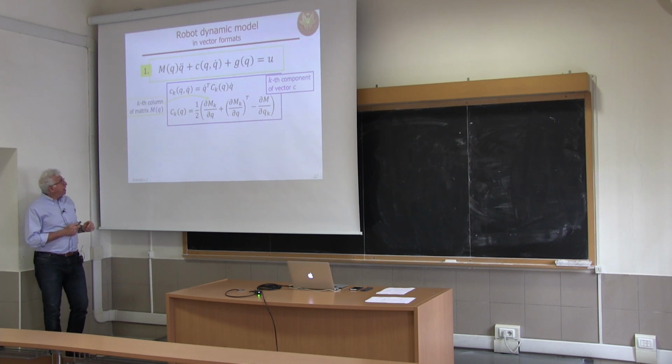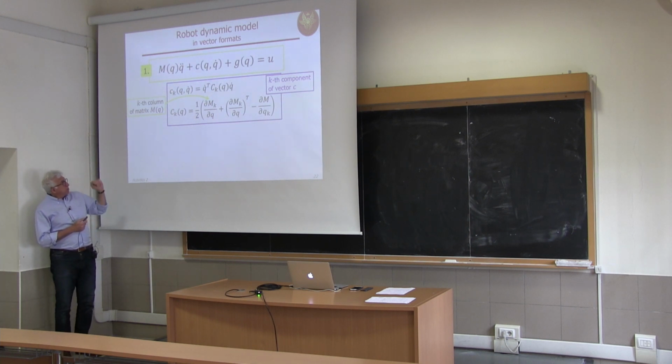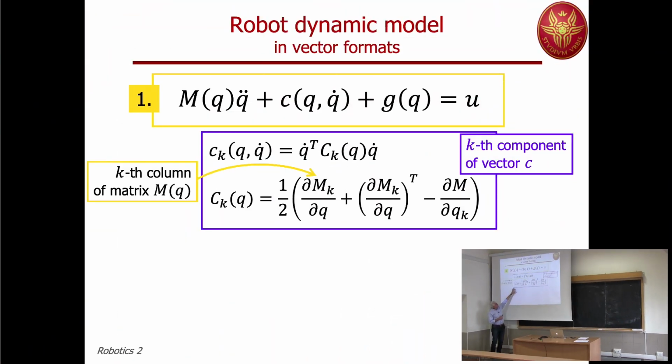What are Mk? Mk is the kth column of the inertia matrix. So this symmetric matrix that you put inside this quadratic form, which generates the kth component of that vector, will be computed in this way. You take the kth column of the inertia matrix and you take the partial derivative with respect to q.